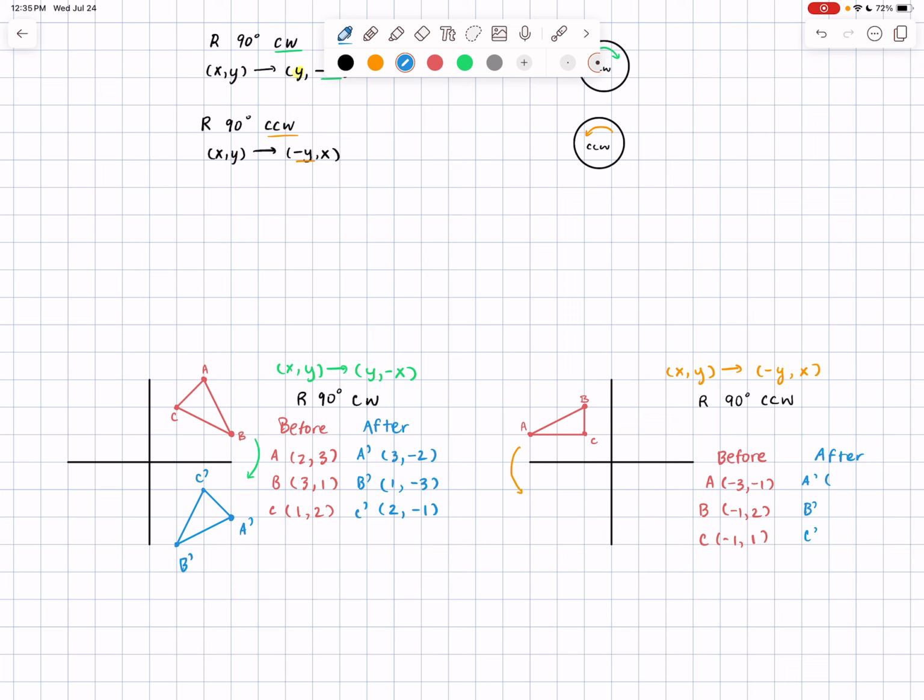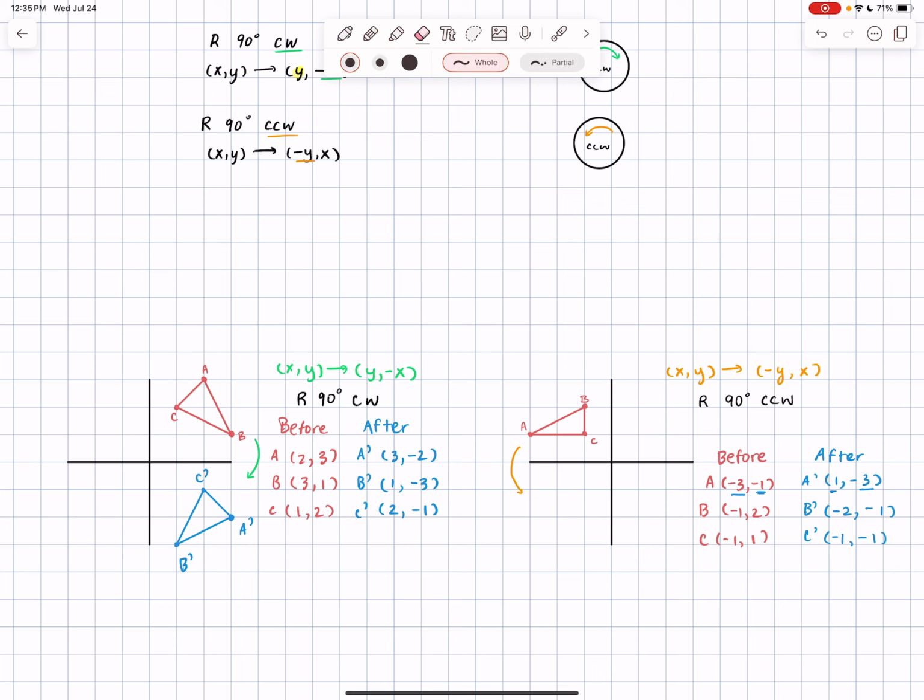For A prime, we're going to switch the values and then change the Y to be positive. Remember, our X's are staying the same, but my Y values are changing sign. So again, negative 2, negative 1. Change sign, negative 1, keep it the same, negative 1.